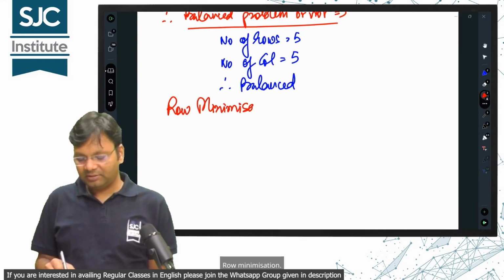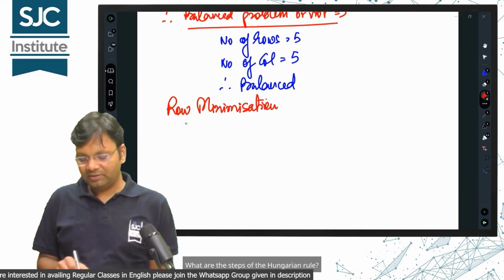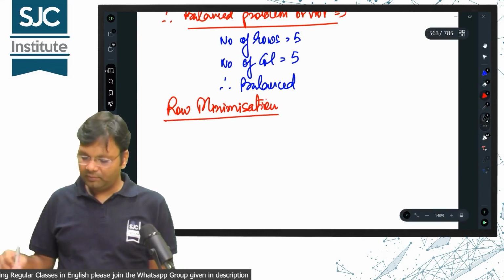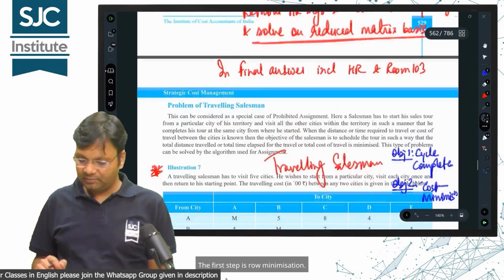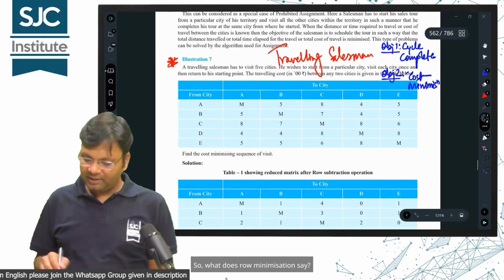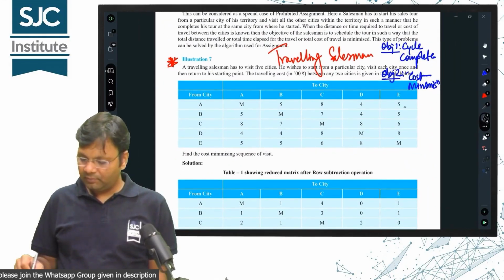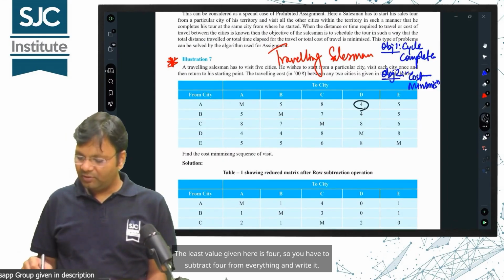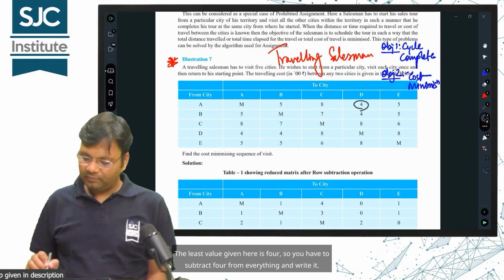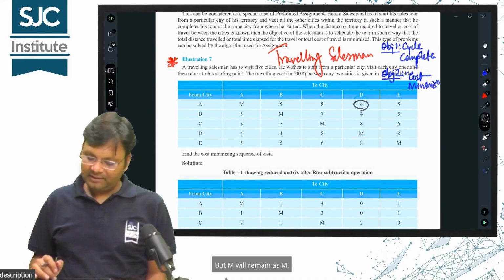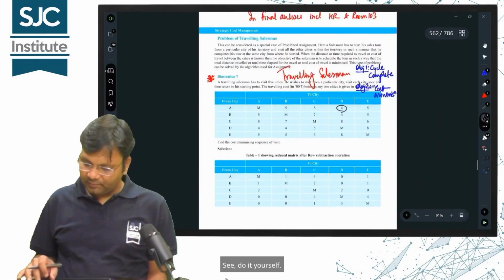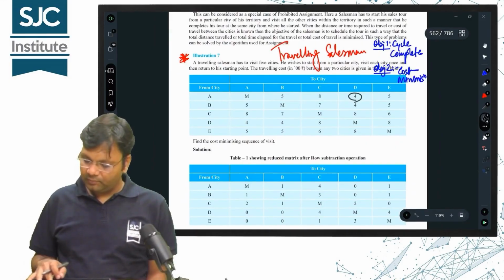Row minimization. The first step is row minimization. So, what does row minimization say? The least value given here is 4, so you have to subtract 4 from everything and write it. But M will remain as M. See, do it yourself. 5 minus 4 is 1.